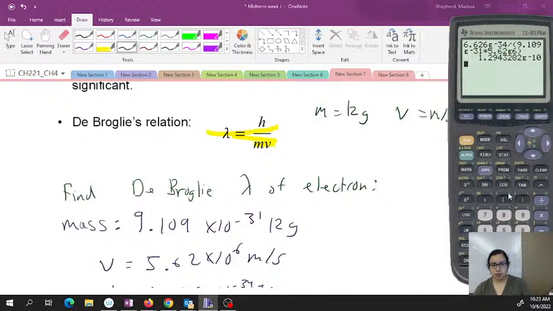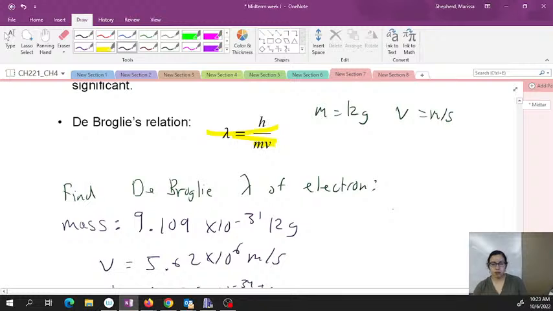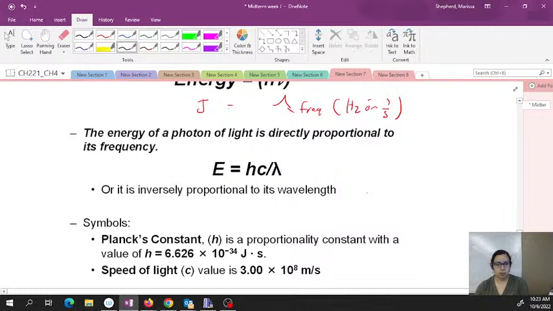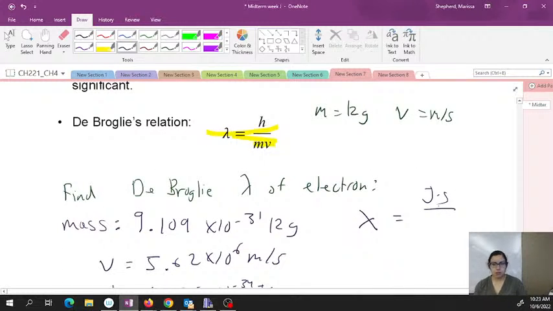Let's walk through the units of that. Remember we plugged in joules seconds, divided by mass, so divided by kilograms, divided by speed, so divided by meters per second.